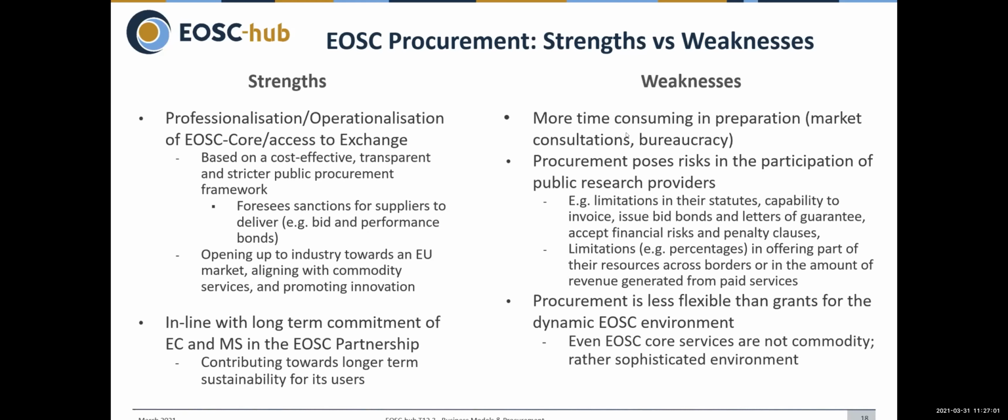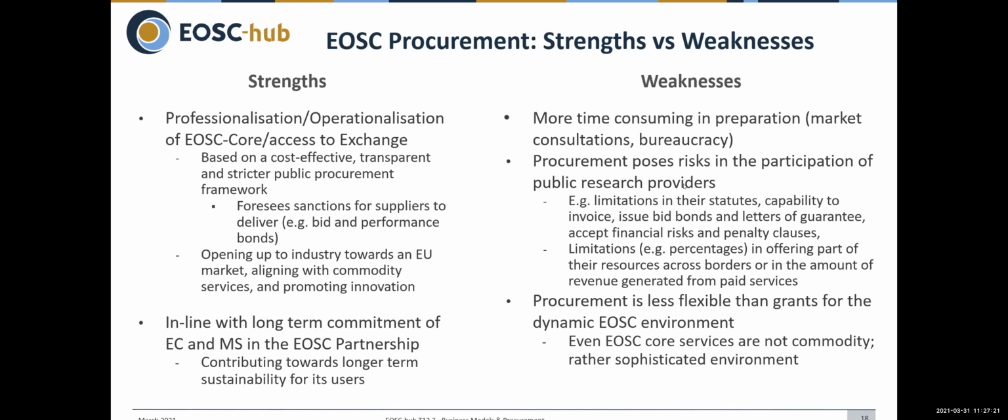On the other hand, there is more bureaucracy in tenders. They are more complex, more time-consuming in the preparation, with market consultations, publications in the EU journals, and so on, expression of interest and things like that.